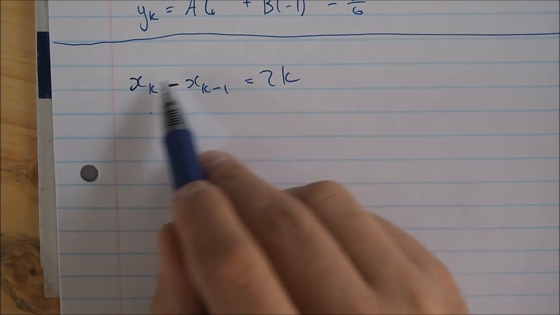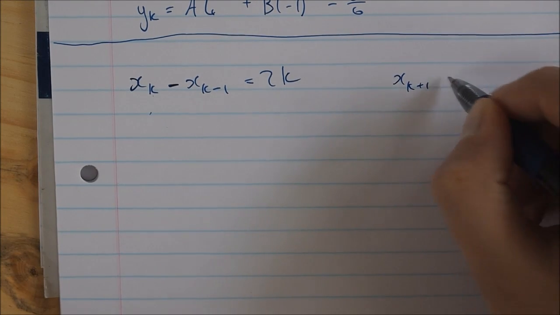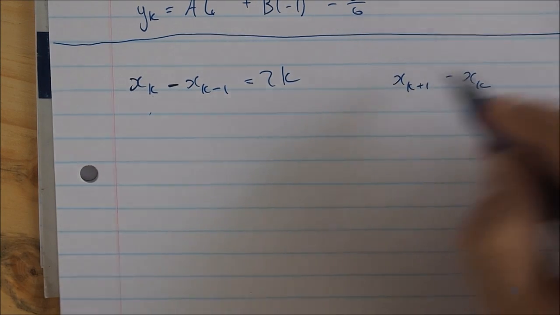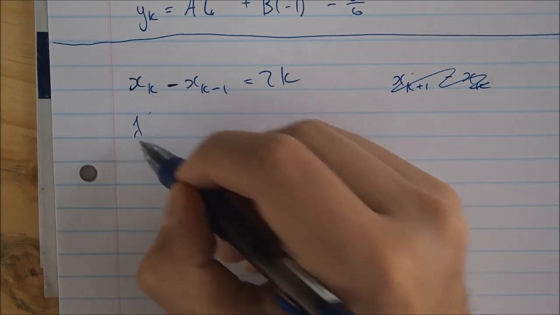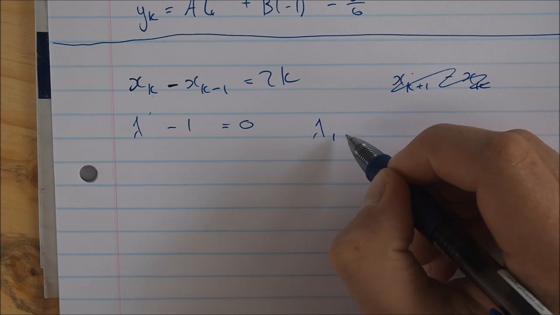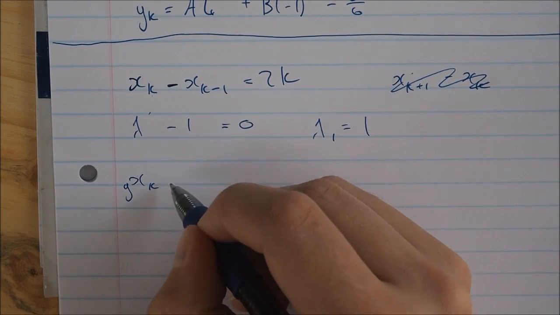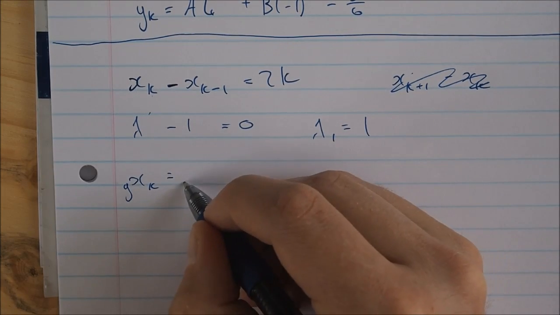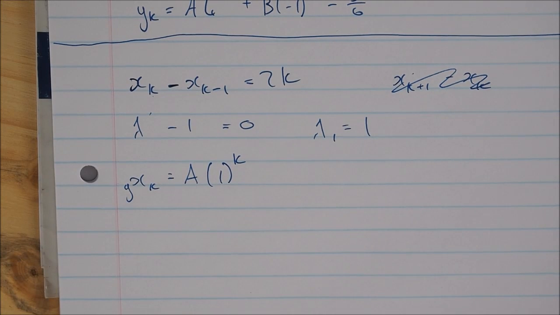We could write this as x_{k+1} minus x_k, just by shifting, but let's leave it as is for now. So we have lambda minus 1 equals 0, so lambda is our only eigenvalue and is equal to 1. So our general solution for x_k is going to be some constant times 1 to the power of k.